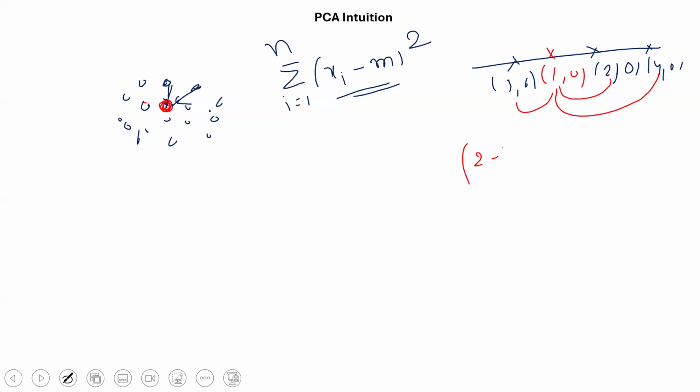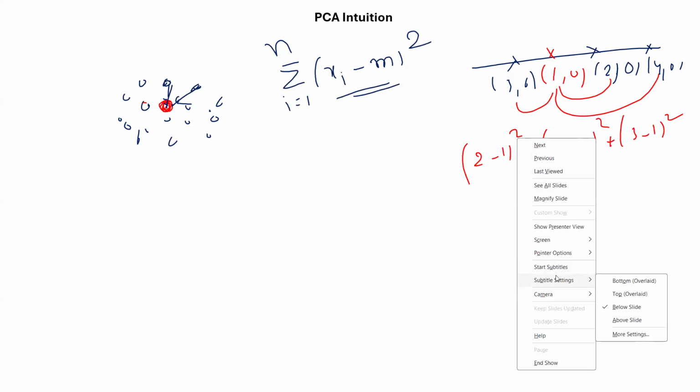So this becomes (2 - 1)^2 + (4 - 1)^2 + (3 - 1)^2. That's the sum of square distances from every point. What is the distance formula? (x2 - x1)^2 + (y2 - y1)^2, root over the squared distances. We'll just get rid of the root. Are you getting this?